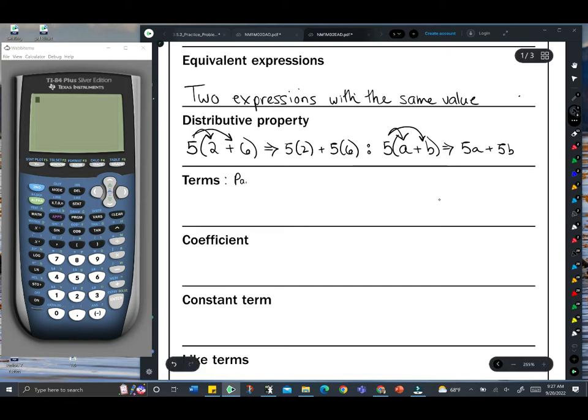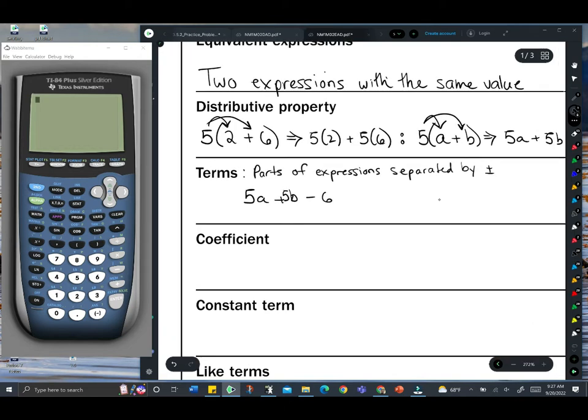Terms are parts of an expression separated by plus or minus. For example, when I say expression, that's something like our 5a plus 5b and let's say minus 6.